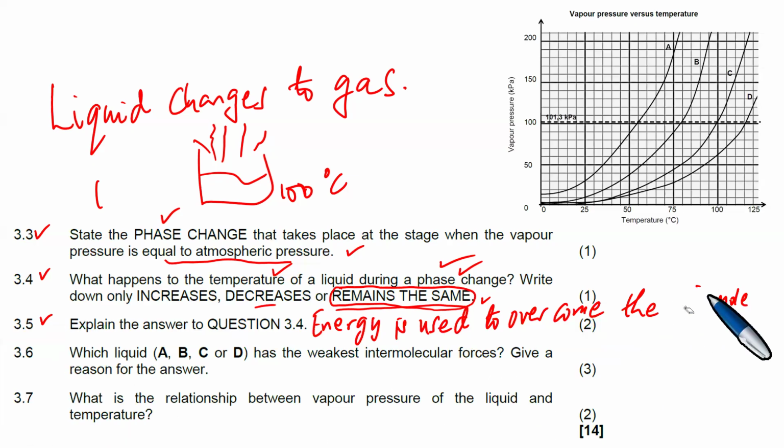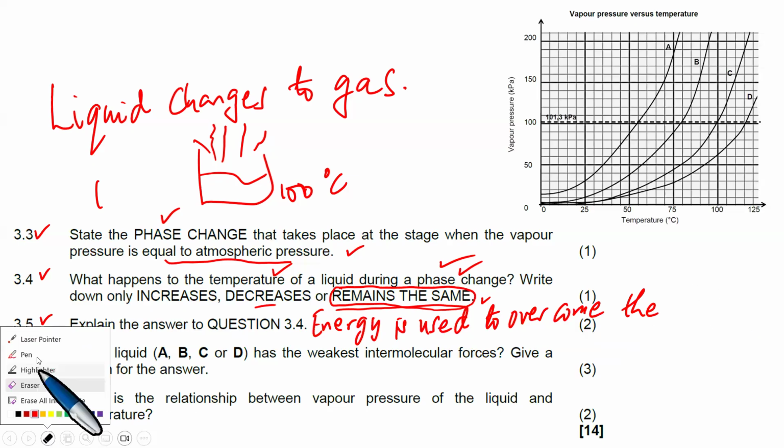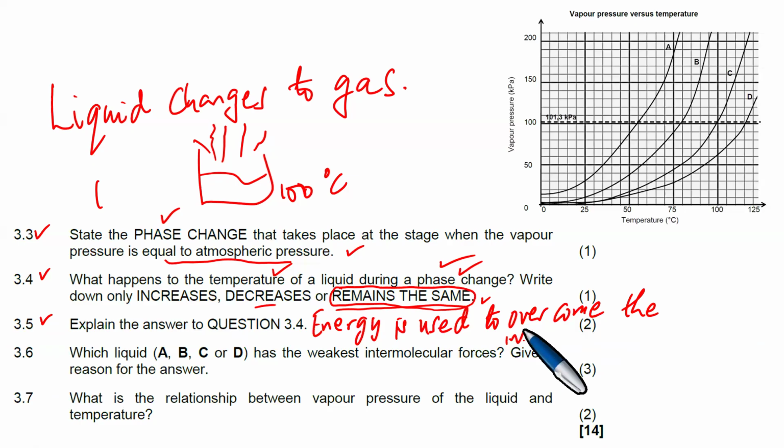So energy is used to overcome the intermolecular forces. So we are saying energy is used to overcome the intermolecular forces. Right. And the kind of energy is heat energy. It is heat energy. So the energy manifests as heat.